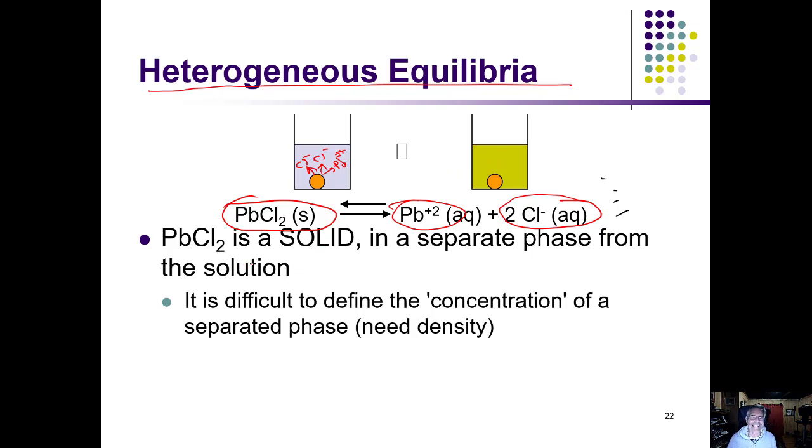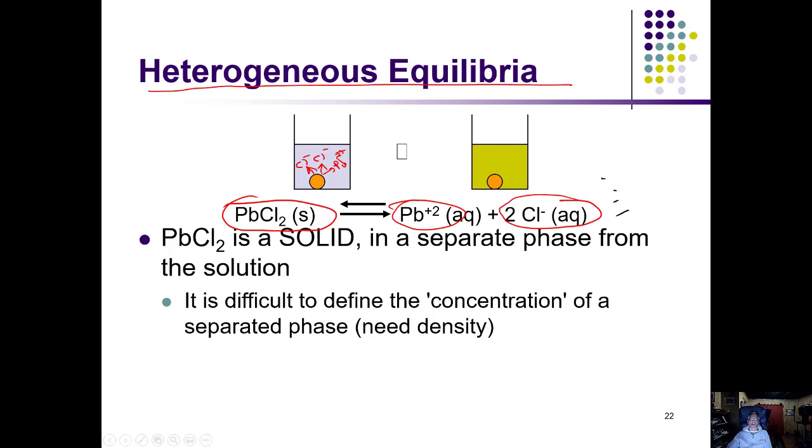But in any case, when I write the equilibrium constant expression, I'm not going to include the solid, because the solid doesn't change in concentration. The only things you include in the equilibrium constant expression are substances that can change in concentration, and that's going to be the lead 2+ ion and the chloride ion in that solution.